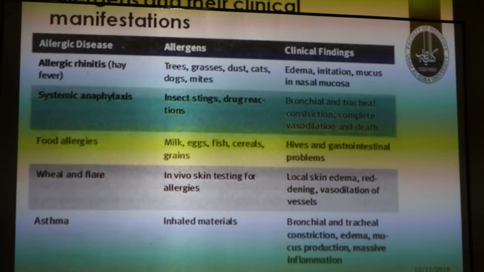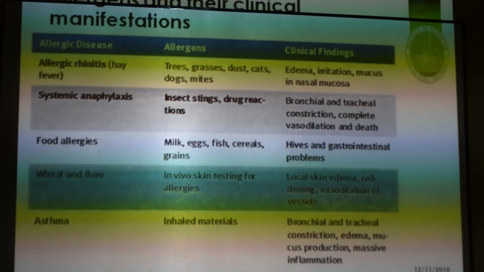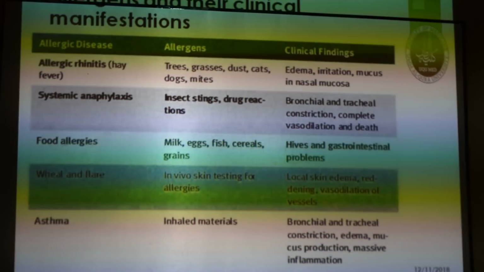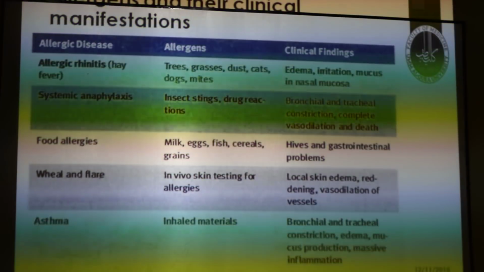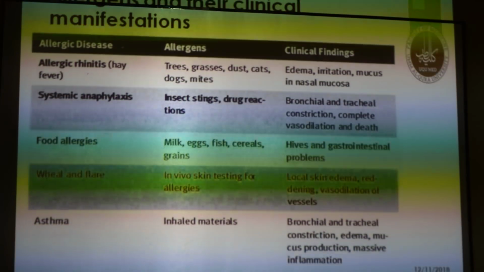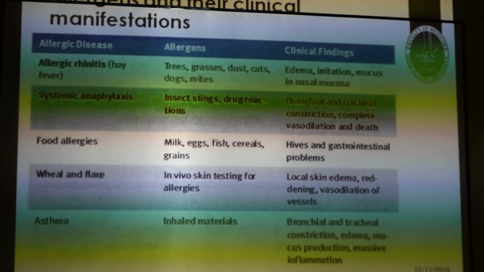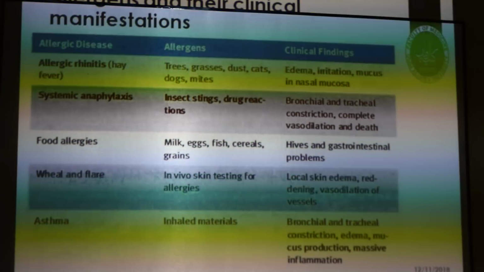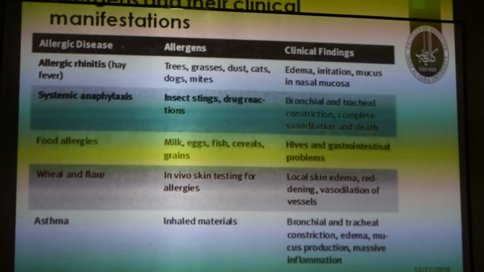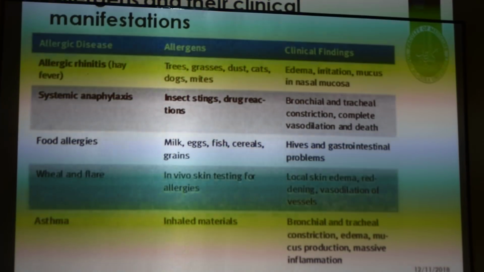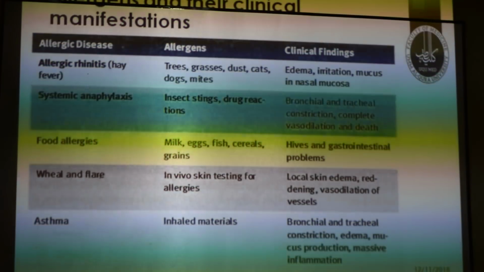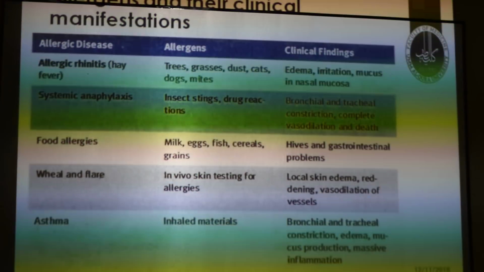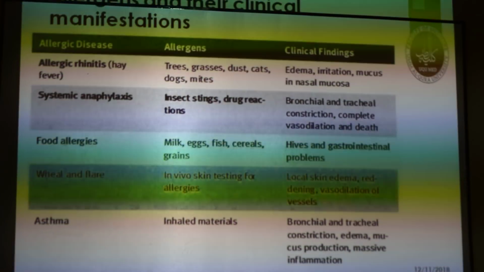Now this table is basically focusing on the causes. For example, allergic rhinitis, which is also called hay fever, is caused by dust, cats, dogs, mites, dander, and the patient has edema and irritation of the nasal passage. Systemic anaphylaxis: a venom injected by a bee will result in bronchial or tracheal constriction.